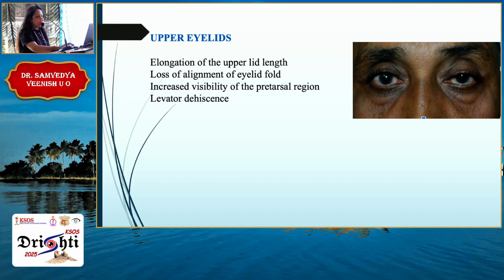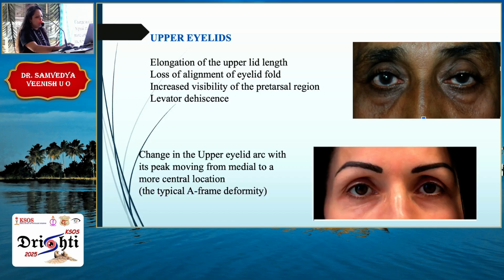In the upper eyelid, there could be elongation of the lid length and loss of alignment of the eyelid fold. There could be an increase in the pretarsal region, levator dehiscence, resulting in ptosis. As you can see, there is left eye ptosis. There could also be a change in the upper eyelid arc, resulting in a typical A-frame deformity.